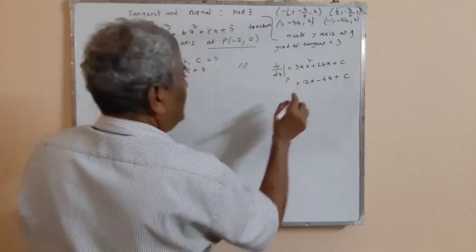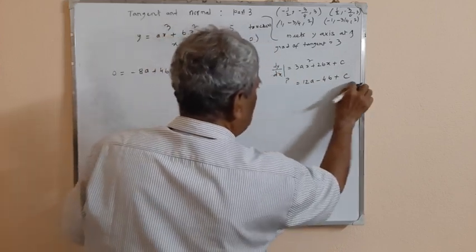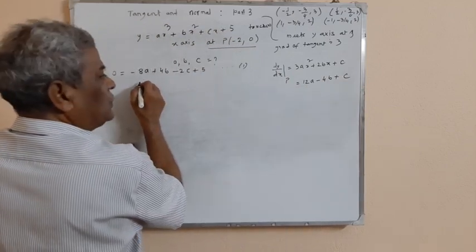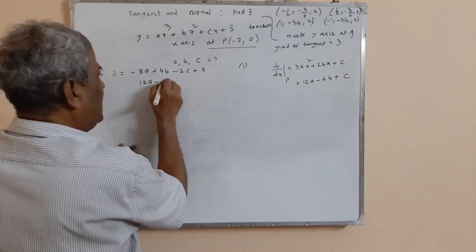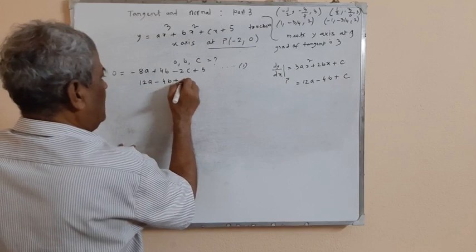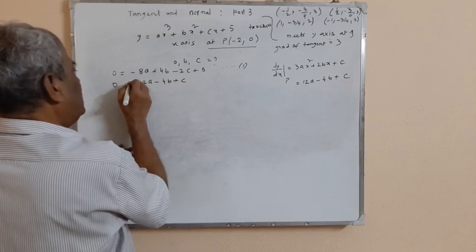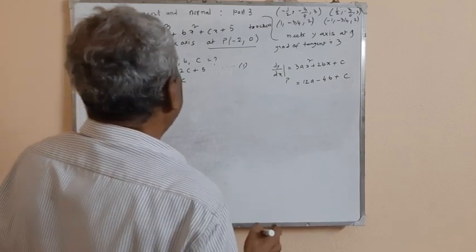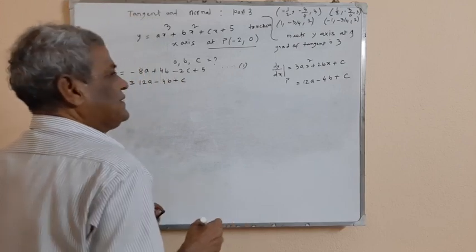So we must have 12a minus 4b plus c is equal to 0, once again 0 because it is parallel to the x-axis.